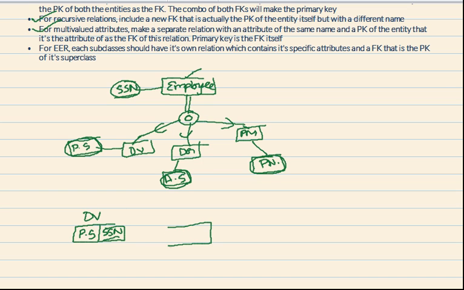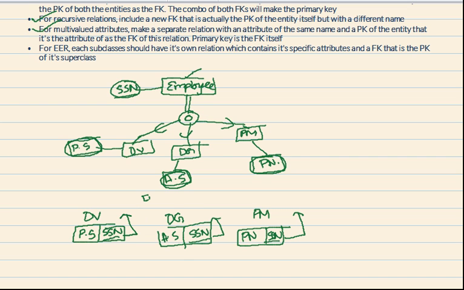So the designer would have Adobe skills and again SSN, and project manager would also have project name and SSN. And of course you would put an arrow pointing towards the actual SSN, which is in the employee relation table. These SSN attributes would point towards that, because these are foreign keys.